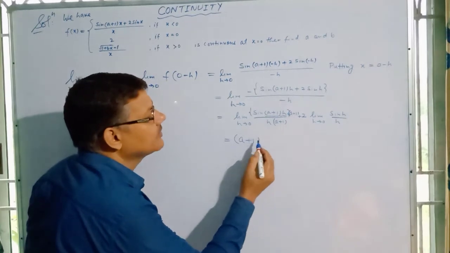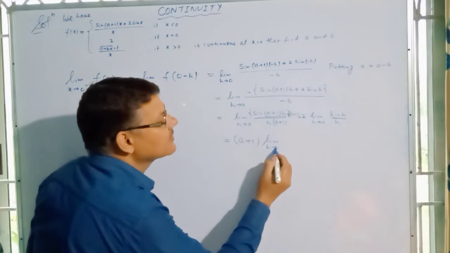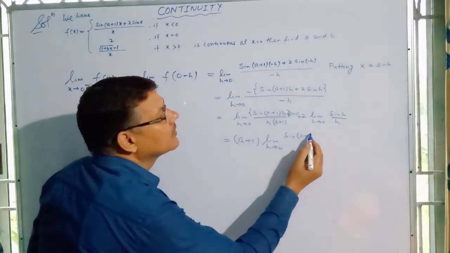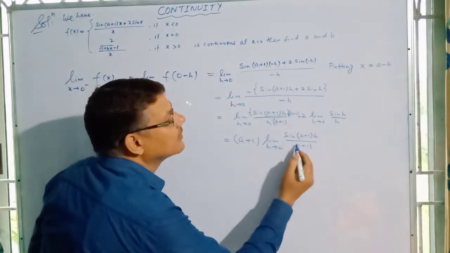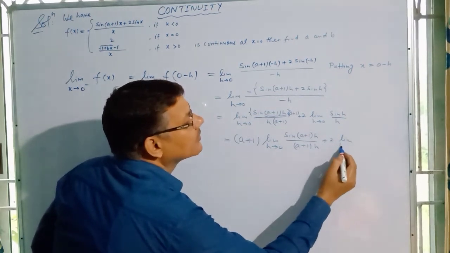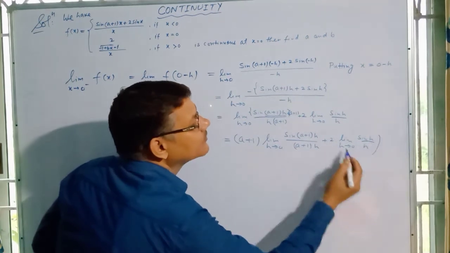Outside it is a constant, no h is there. Now, sin((a+1)h) divided by (a+1)h, plus 2 into the limit as h tends to 0 of sin h / h.